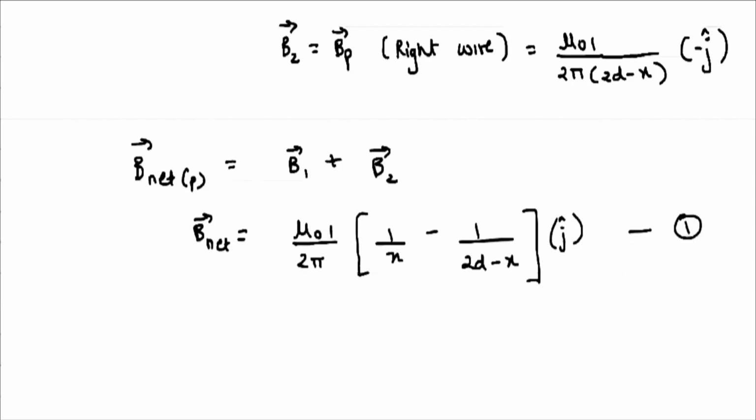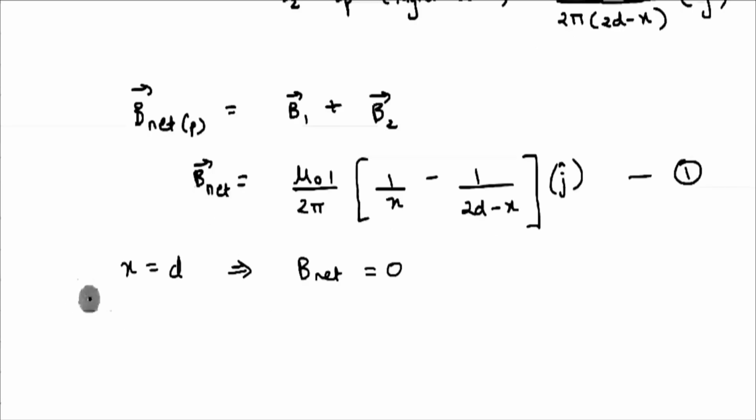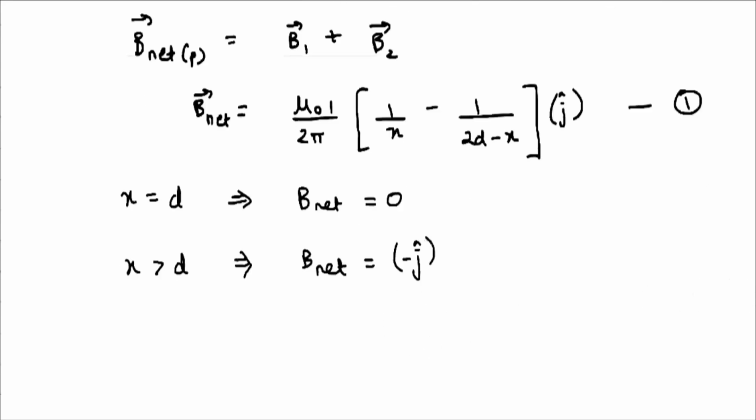From this we can conclude, if x becomes equal to d, the net magnetic field will be 0. And if x is greater than d, the whole answer comes out to be negative, and the net magnetic field will be along negative j, that is the negative y-axis.